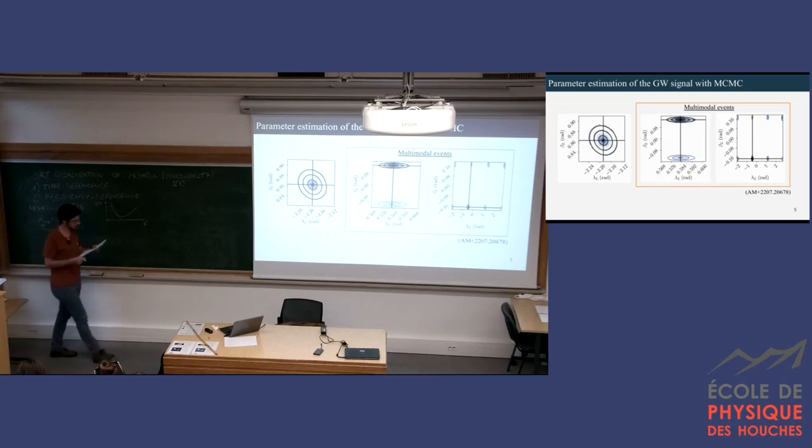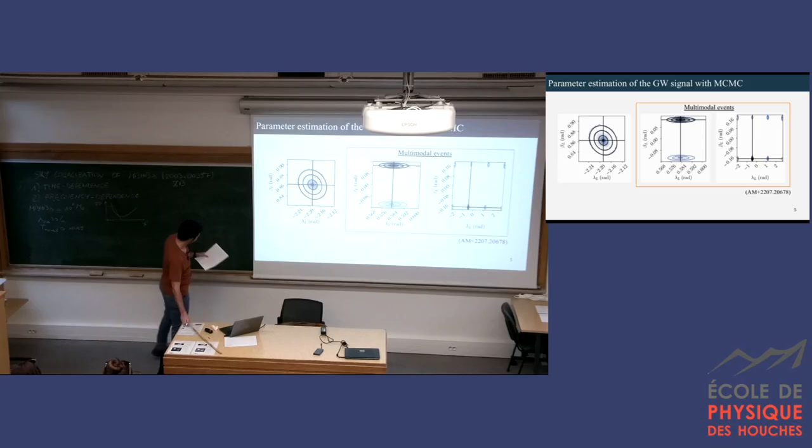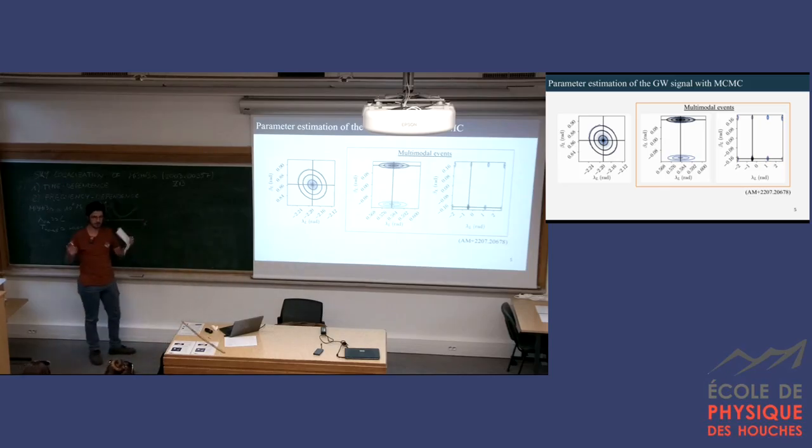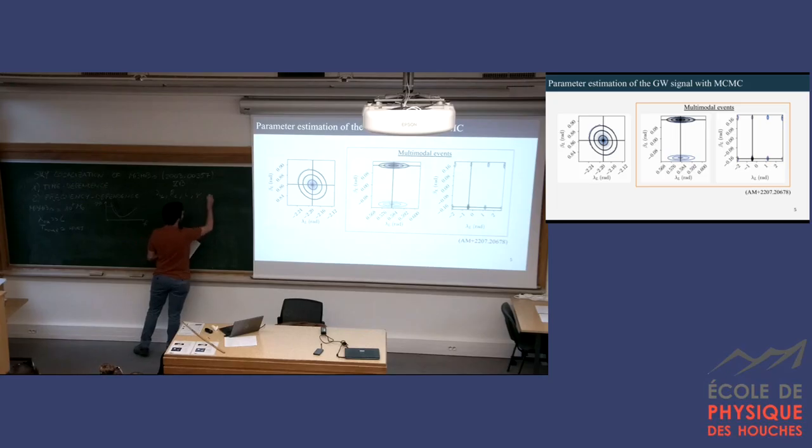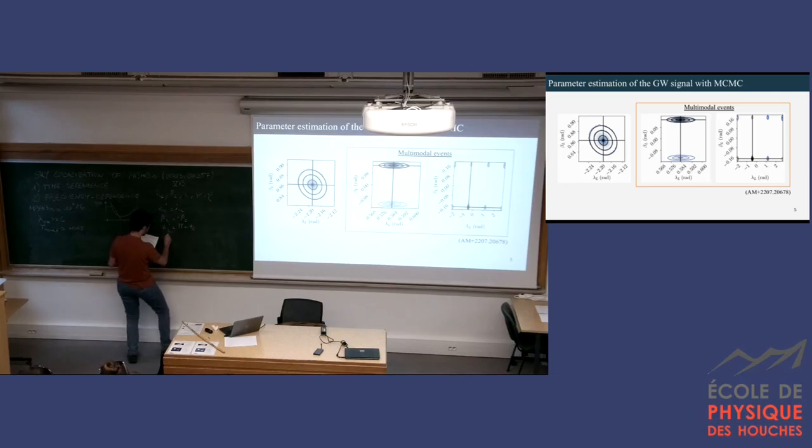For example, it has been shown that one of the degeneracies, this point here, is due to the fact that if you take your standard binary, characterized by longitude lambda L, latitude beta L, inclination I, polarization psi, and phase at coalescence phi, you can have a change of coordinates: lambda prime equal to lambda L, beta prime L equal to minus beta L, psi prime L equal to pi minus psi L, inclination prime equal to pi minus inclination, and phase prime equal to phi.